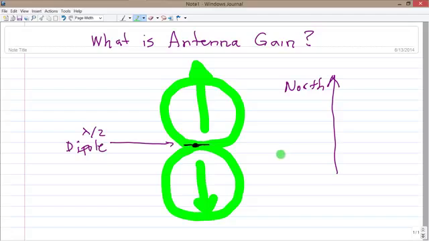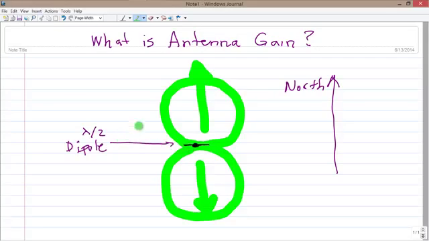Now, once in a while, you will hear about other antennas, for example, the full wavelength loop that I described in a previous video. Actually, I described it in a video earlier today, June 13th, 2014, where a full wave loop exhibits a slight amount of gain with respect to the dipole.